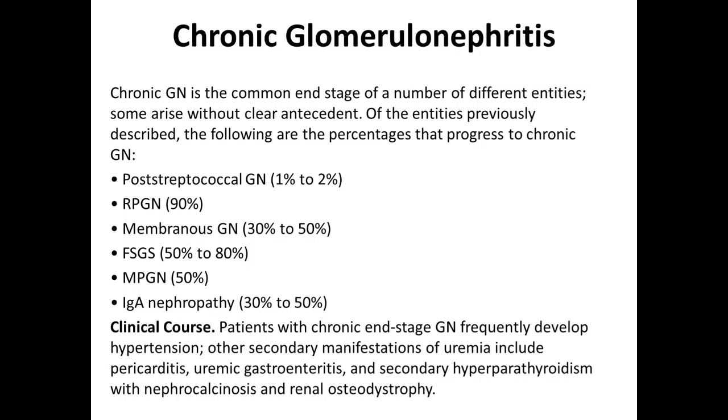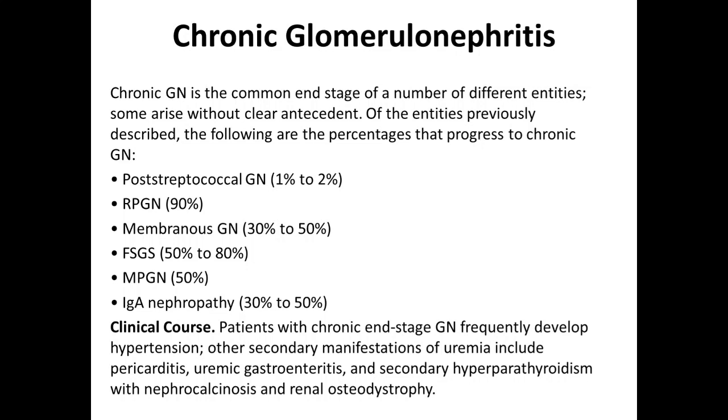You can see that most of all leads to chronic glomerulonephritis, FSGS cases, and of course membranous glomerulonephritis, and immunoglobulin A nephropathy, rarely post-streptococcal glomerulonephritis or acute, and the greatest one will be the subacute glomerulonephritis or extracapillary glomerulonephritis.